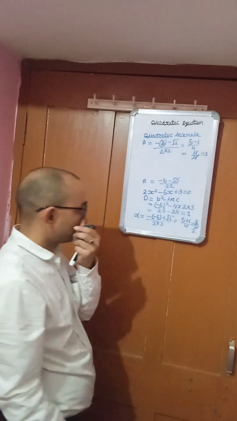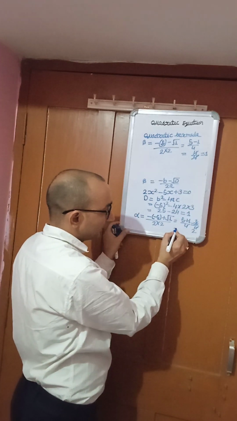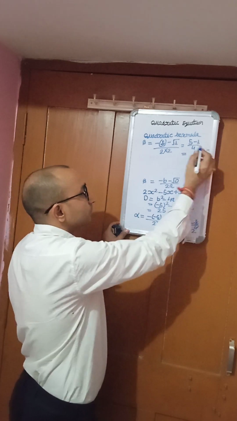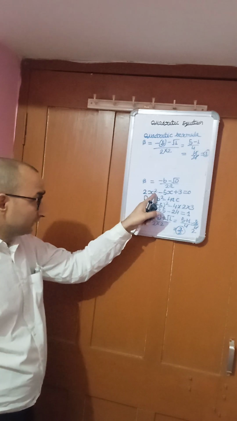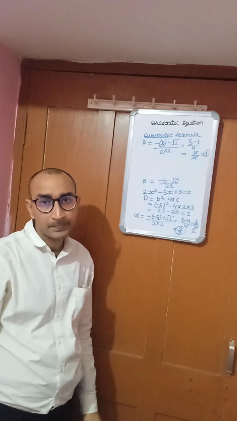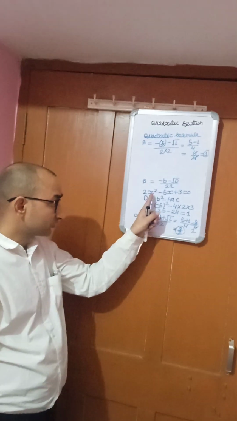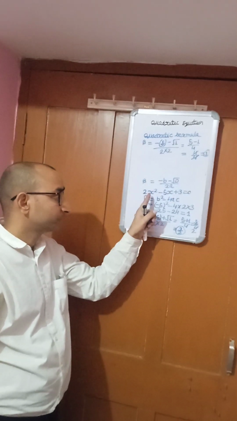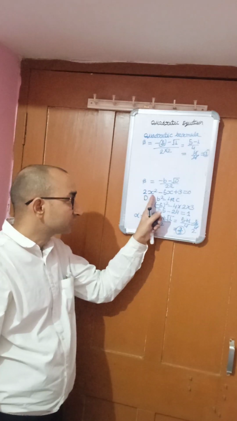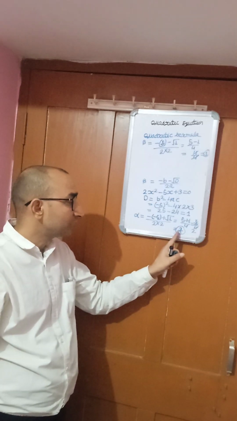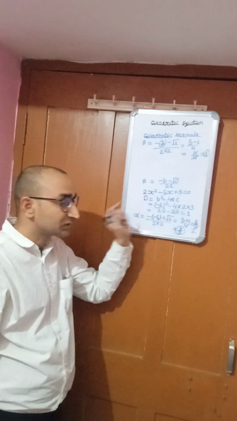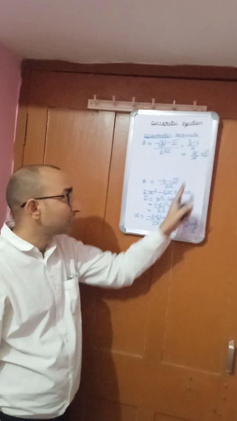See here, one solution is 3 by 2, and the other solution is 1. Here the highest power is 2, that is why it has 2 solutions. This question I have solved by the factorization method. There also its solutions are 3 by 2 and 1.